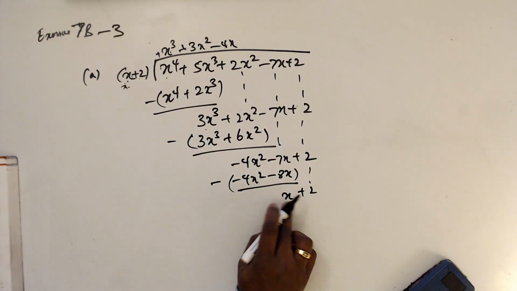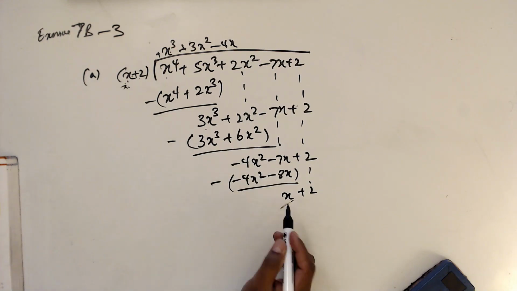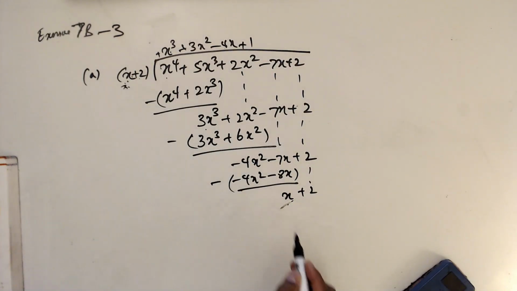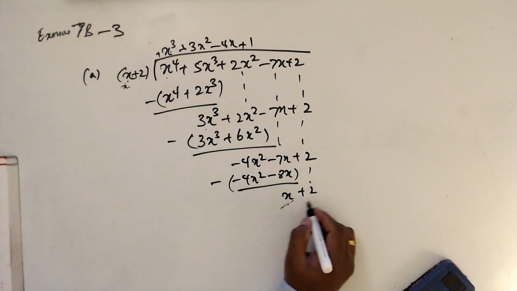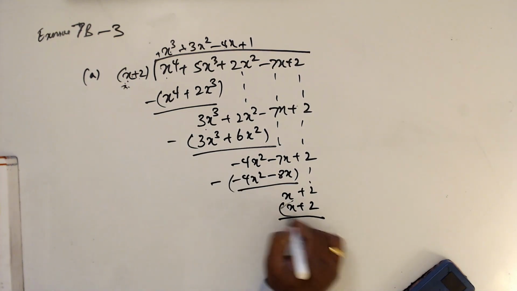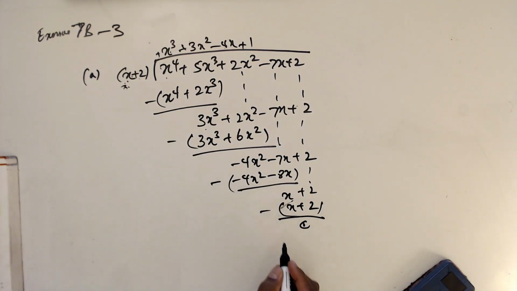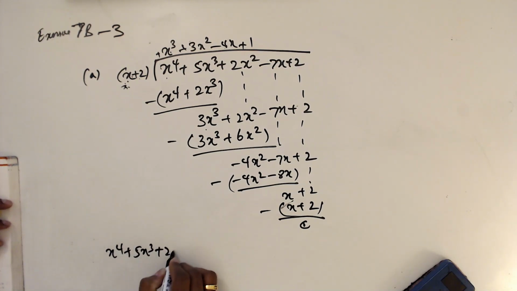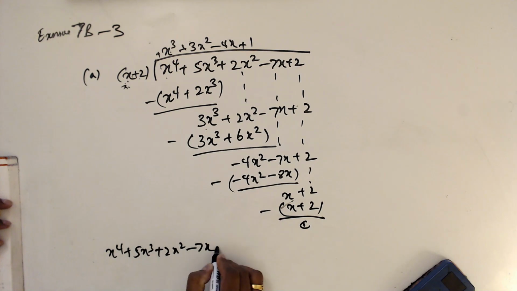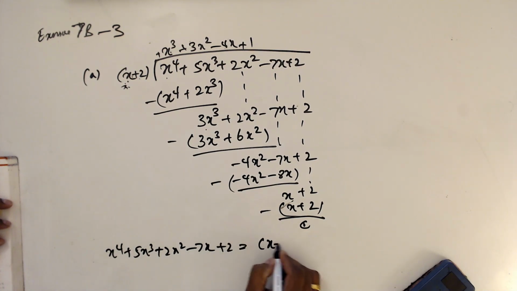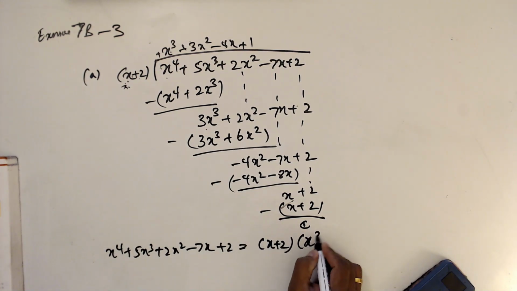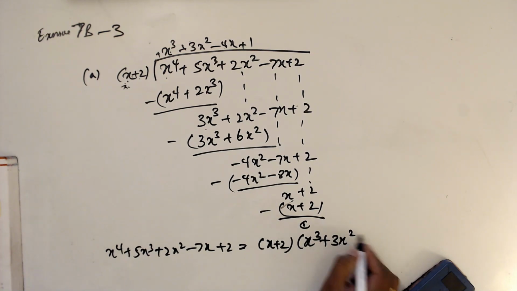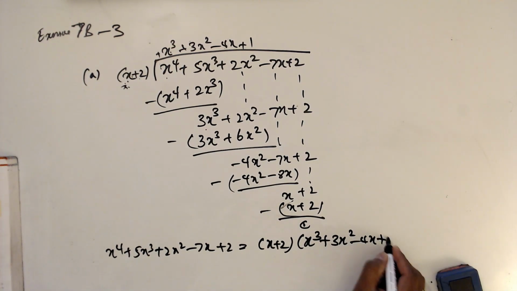And how many x goes to x? 1. So 1 times x plus 2, x plus 2, 0. Then answer is x4 plus 5x cubed plus 2x square minus 7x plus 2, you can factorize x plus 2 times x cubed plus 3x square minus 4x plus 1.